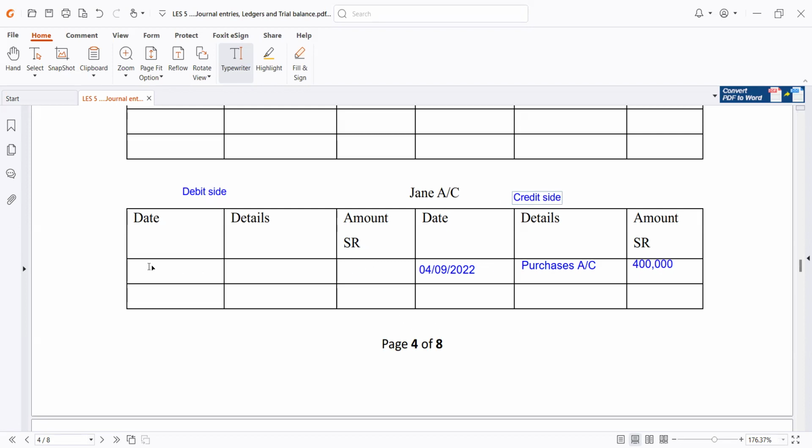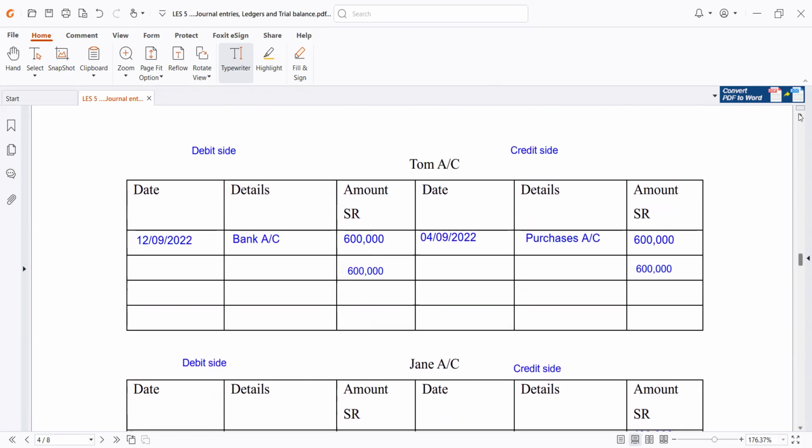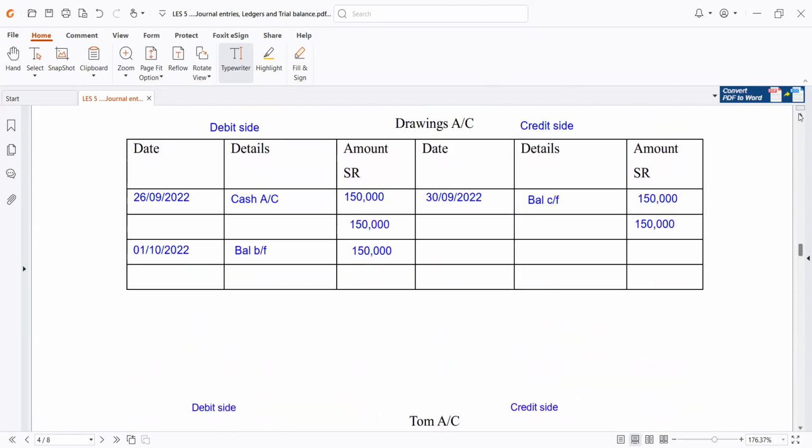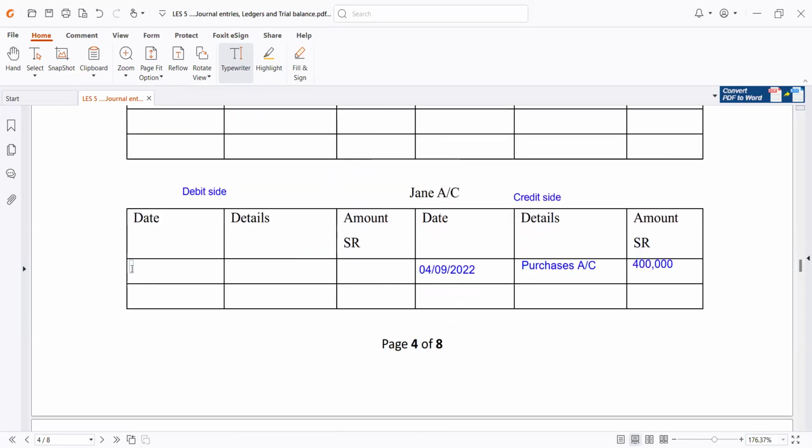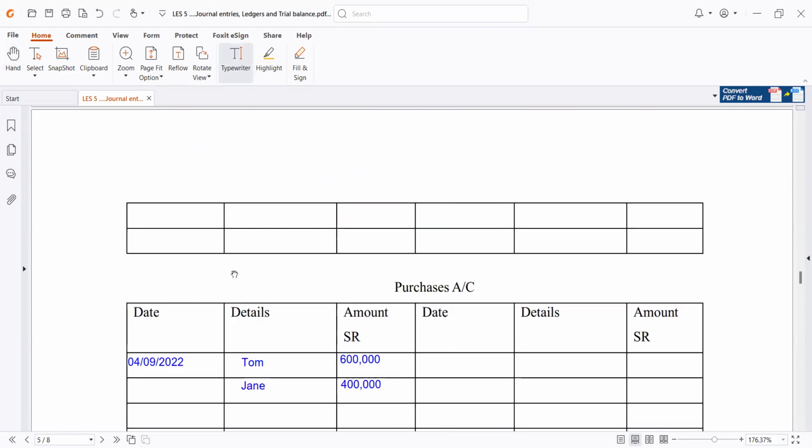So what we are supposed to do, by the end of the month of September, which has 30 days, is to have the balance on 30th September 2022, and in the details we write balance.